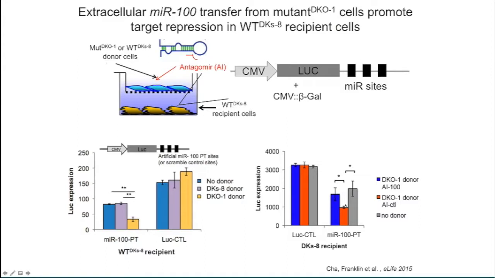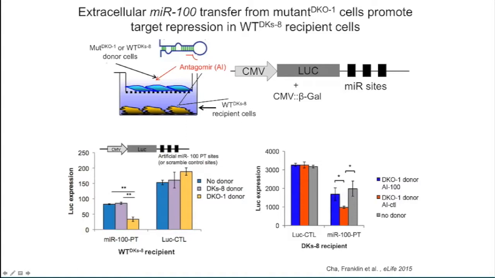The antagomer showed that the effect was due to release of miR100 from the donor cells and not some sort of unusual upregulation of, let's say, miR100 in the recipient cells. We also did a lot of quantitative PCR, and we were able to show that we got about a 34% increase in miR100 in these recipient cells when incubated in this transwell from the donor cells.